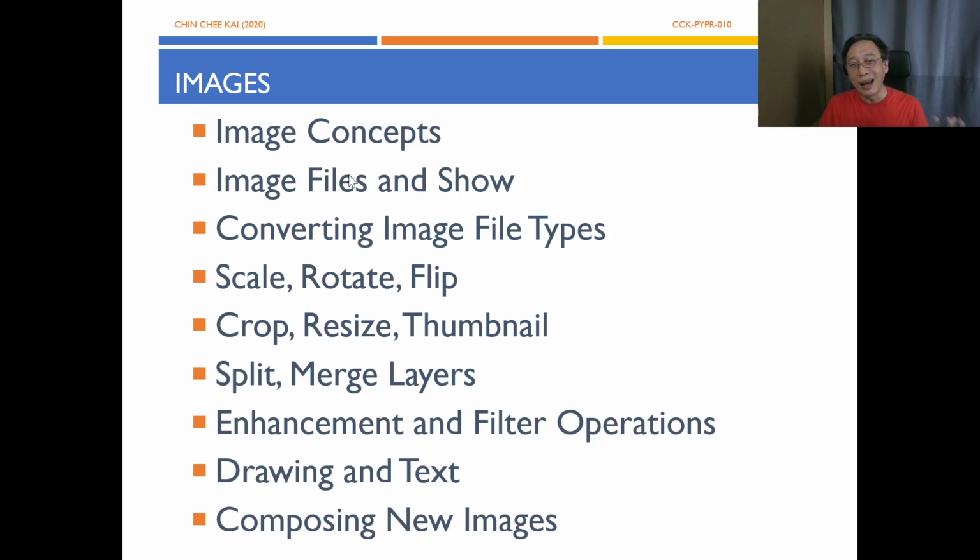Then we talk about files, file formats, and then we can convert the file types. And after that, once we are able to load images and save images and convert from various types, we are already very good. But we can only operate on wholesale, the image as is. We can convert the storage type, but we cannot yet operate on it, like dissect and change and do something interesting.